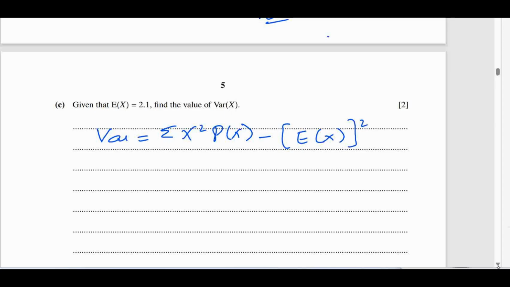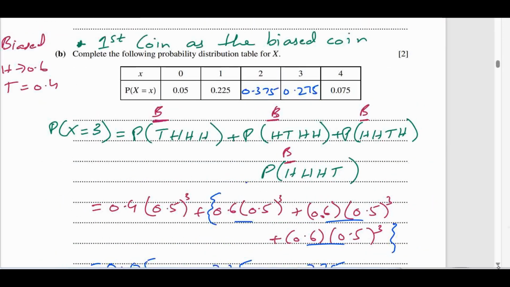So x square, find करें, so we can see the table. So here in the table these are the values of x और ये आपके पास probability of x है. So हम 1 से start करेंगे because 0 तो multiply होकर 0 ही कर देगा.